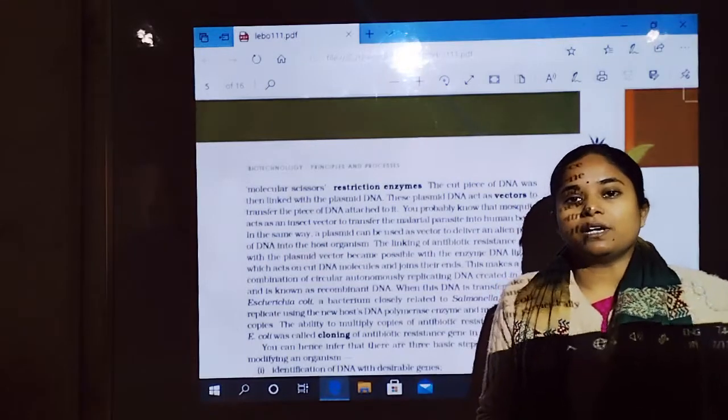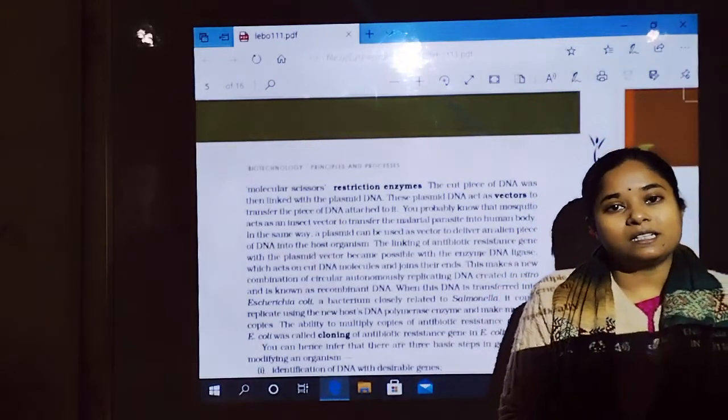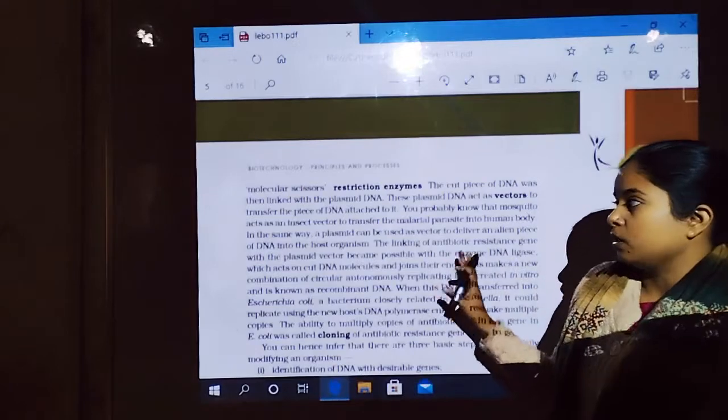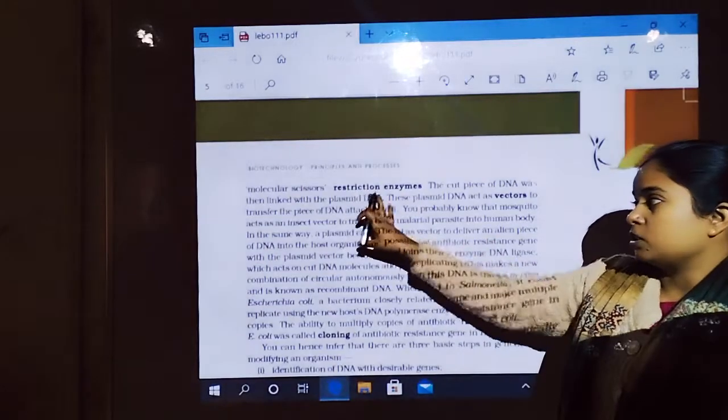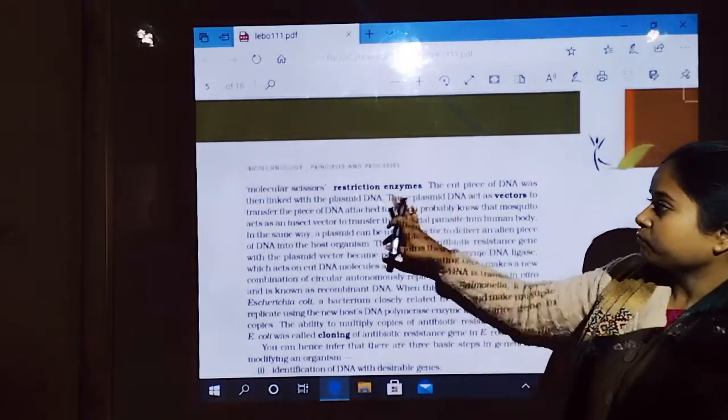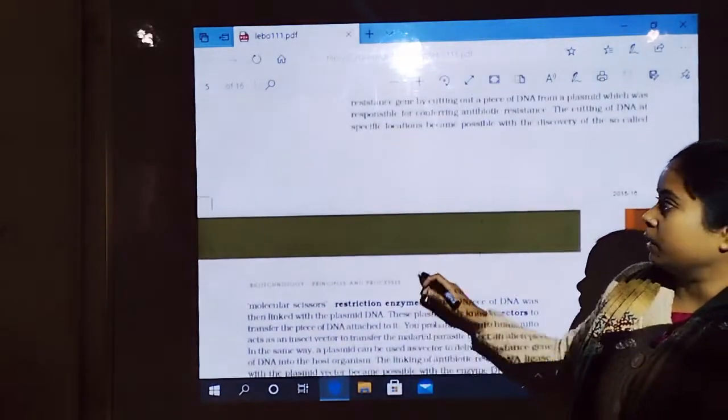So students, very good morning to all of you. Let's begin with the topic restriction enzyme. So what is a restriction enzyme?